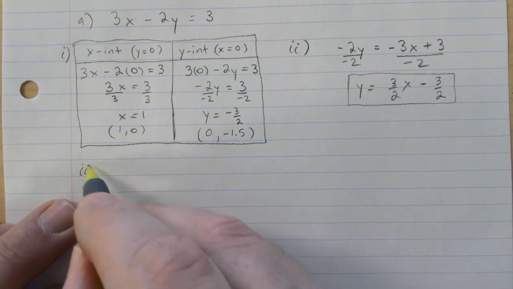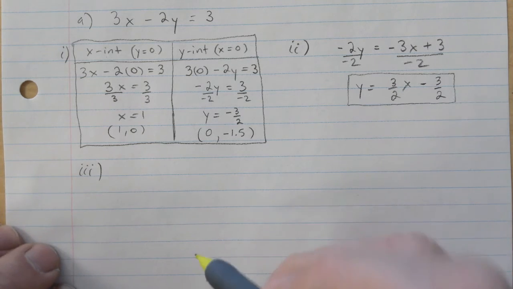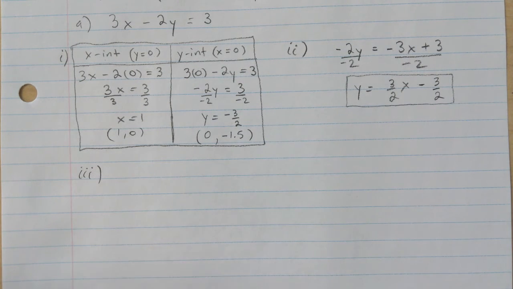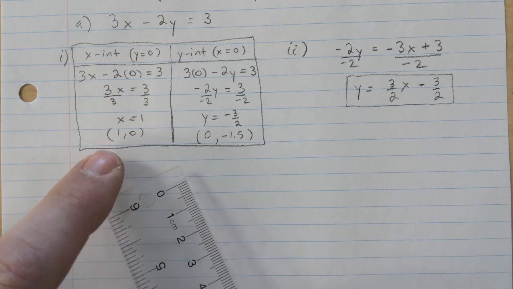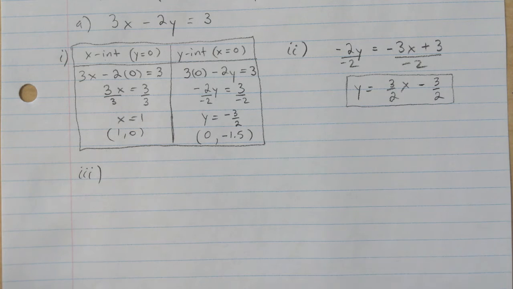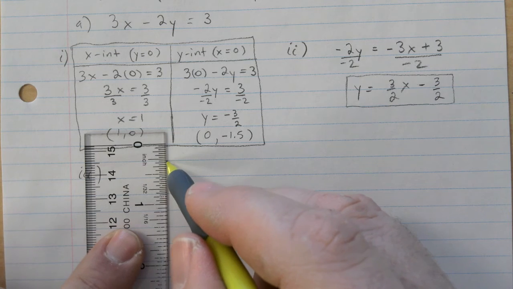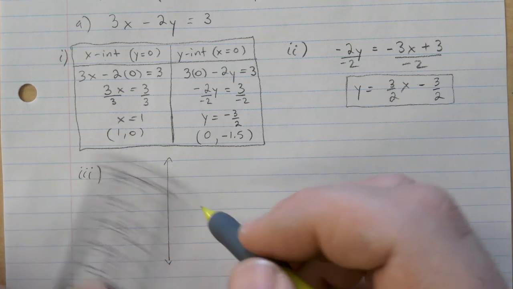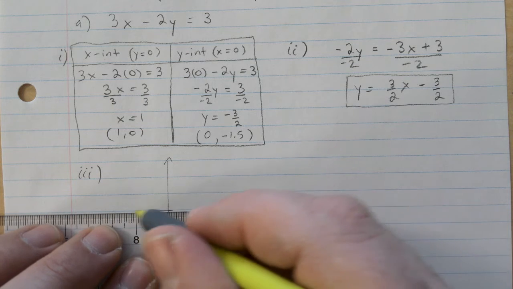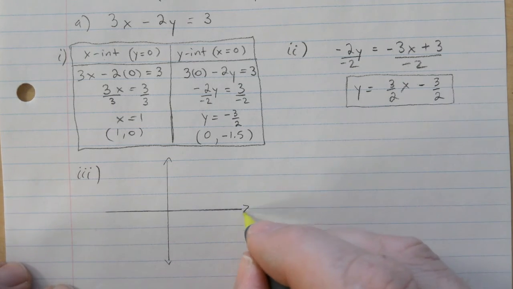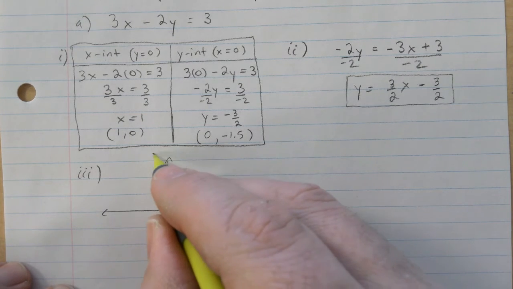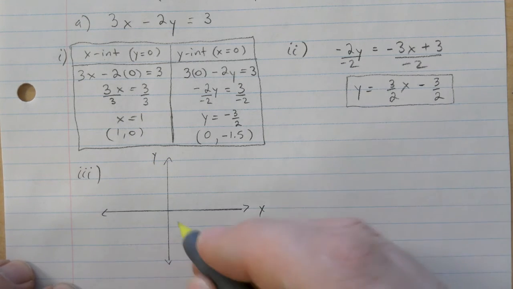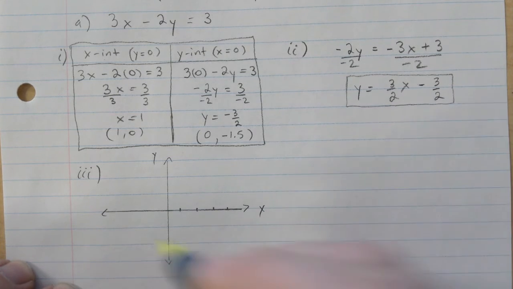And then triple I, we're going to graph. And I like the intercept method more because it kind of tells you what scale to use. If you just look at it, you're like, okay, 1, 0, I can kind of picture where that is, and 0, negative 1. And then I'm going to connect those two dots, and I'm going to have my line. And it doesn't need to be a big coordinate plane, right? I just need to make sure I get those intercepts in. You're going to be really good at graphing by the end of this course. 1, 2, 3, 4, that's it.